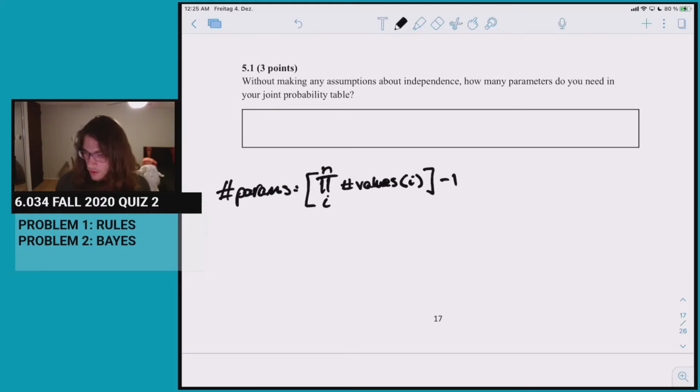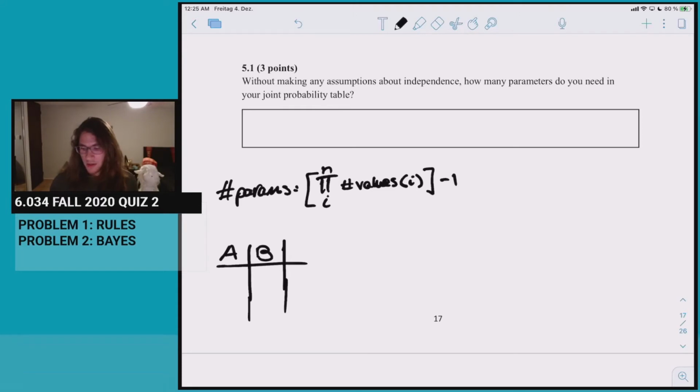So let's say that I have two variables, A and B. This is unrelated to the top. And I want to calculate the probability of some event C happening given A and B.